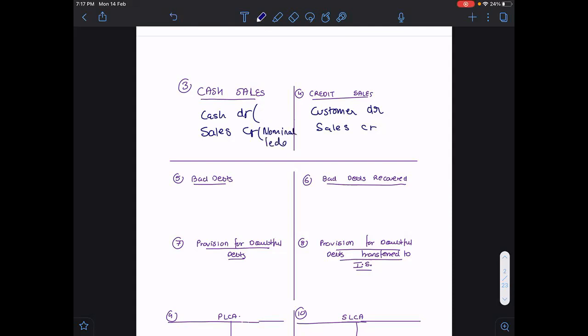Nominal sales in the nominal ledger. Customer in the sales ledger. Sales in the nominal ledger. Cash will be cash book.